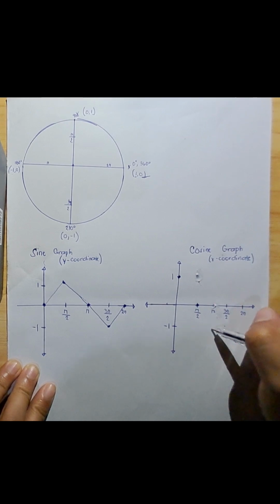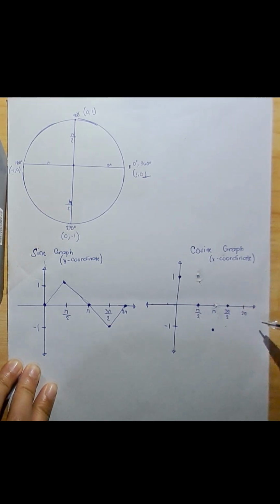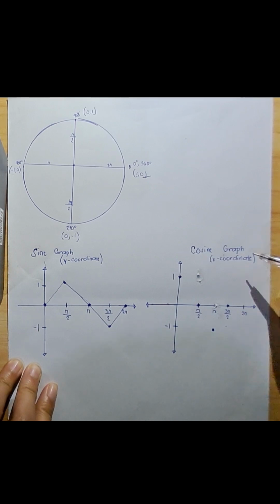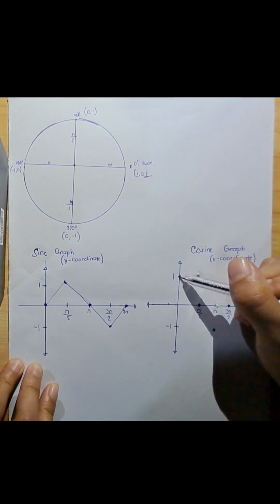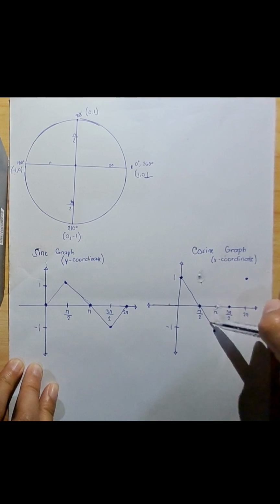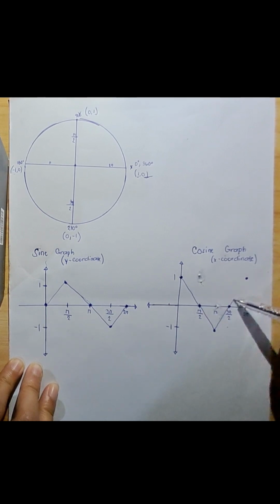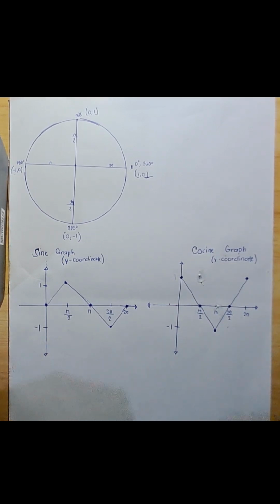At 3 pi over 2 it is 0, and at 2 pi it is back to 1. So the graph would be down, down, up, up. So that's the cosine graph.